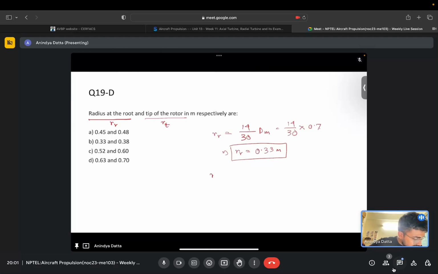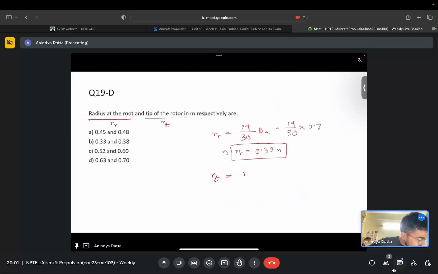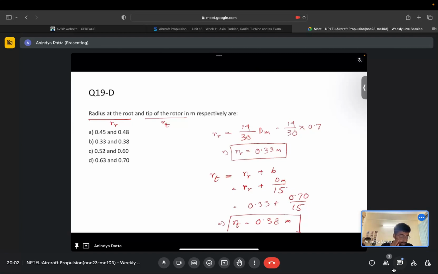And RT is equal to RR plus B, where B is dm by 15. This is 0.33 plus 0.7 by 15. So RT will come out as 0.38 meter. So the correct answer is option B. Clear till this point?